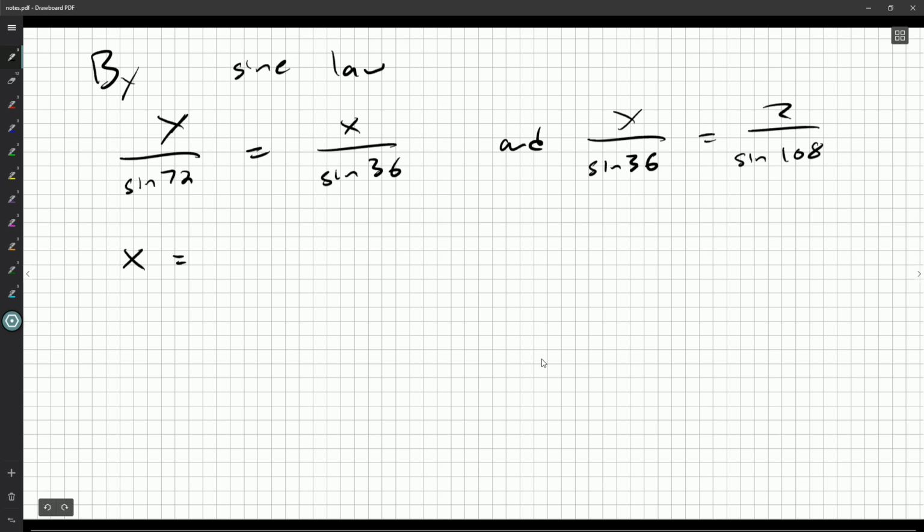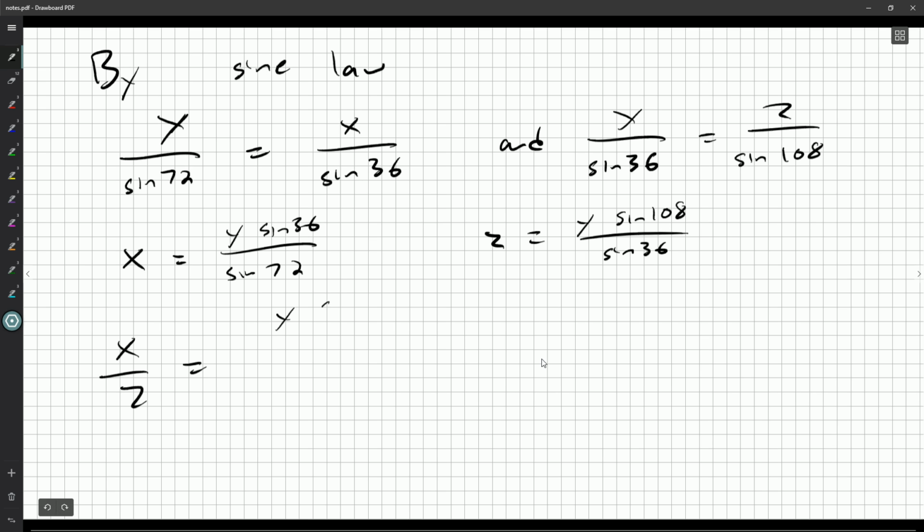So x is y sine 36 over sine 72. Oh, hopefully those sine 36s will cancel out. And then z is y sine 108 over sine 36. Oh, I don't think they will. So we get y sine 36 over sine 72 over y sine 108 over sine 36.